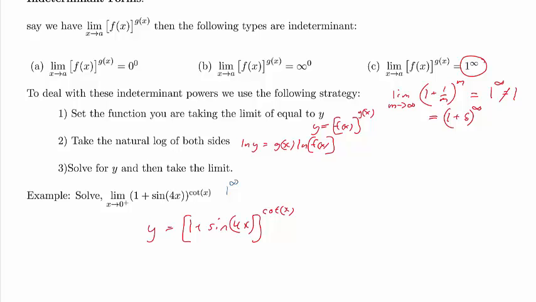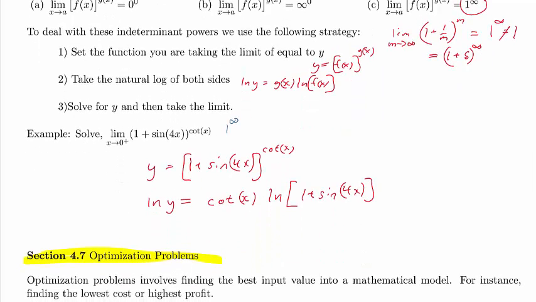All right, so we're going to take the natural log of both sides. Natural log of y equals the cotangent of x times the natural log of 1 plus sine 4x. Looks like I'm starting to run out of space.